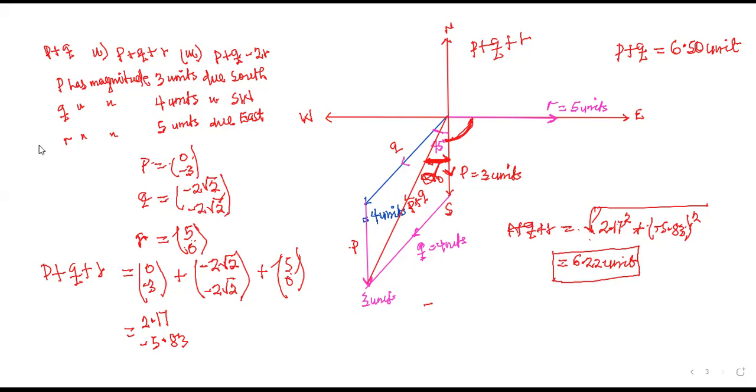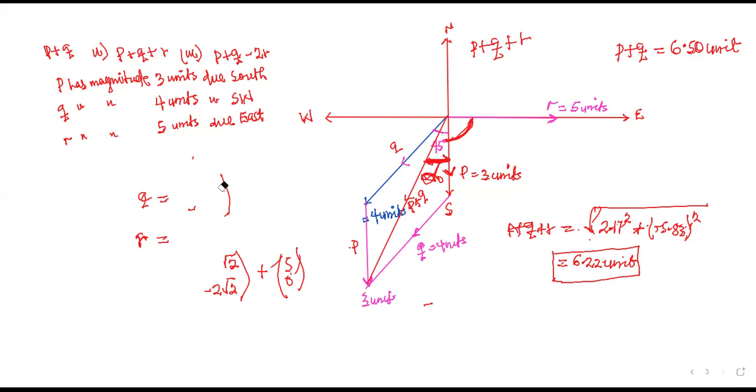Okay, so the next problem is on P plus Q minus 2R. P plus Q minus 2R. I want you to think through and do it before I come in. So how would you solve P plus Q minus 2R using resolution of vectors into components?